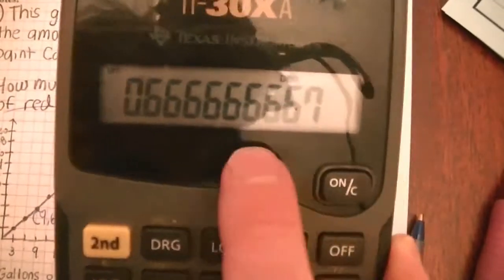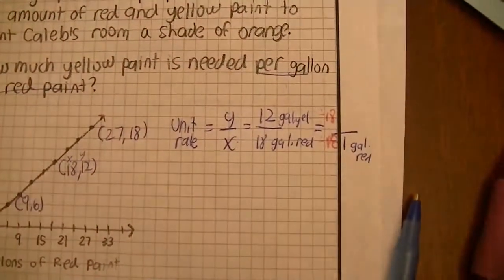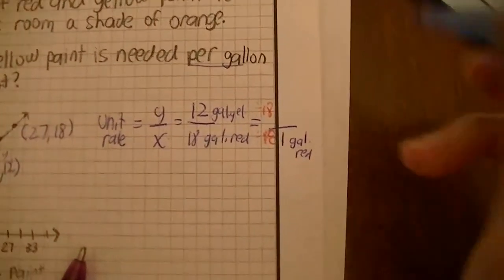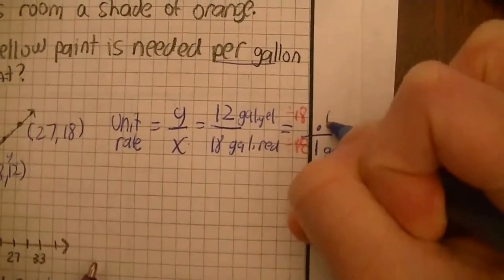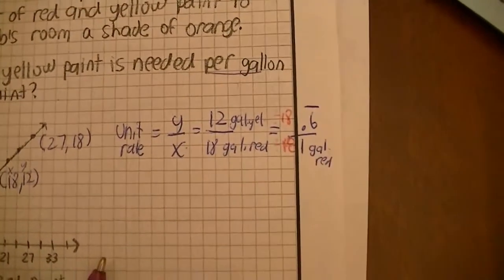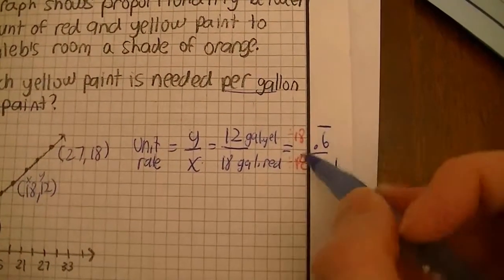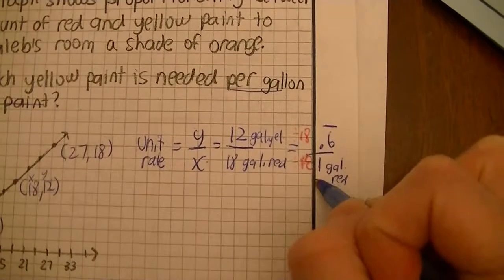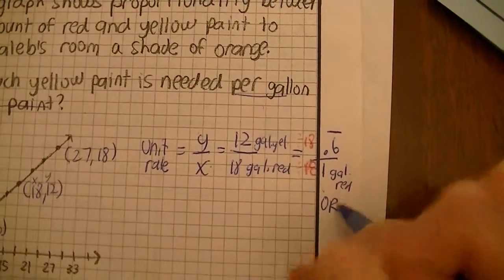Oh, I got a repeating decimal, so 0.6 repeating. Okay, so something that you ought to know, 0.6 repeating is equivalent to 2/3.